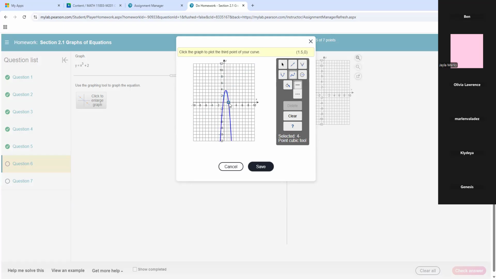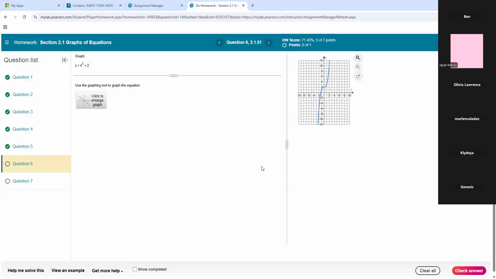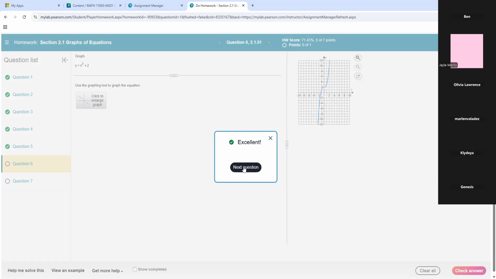So go right 2, up 10. I'm watching that little yellow band to make sure my points are right. That was 2, 10. And then we had -1, +1. But see, after that last point, you sort of got that little squiggly line going uphill to the right. So at that point, save that, and you can check your answer.